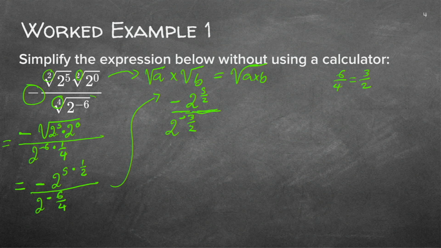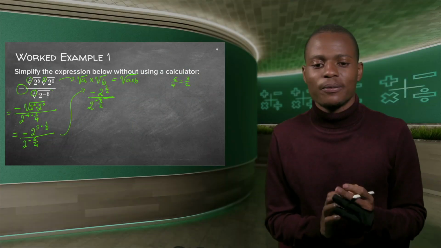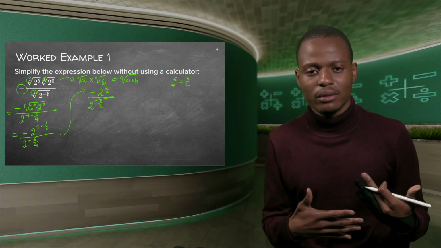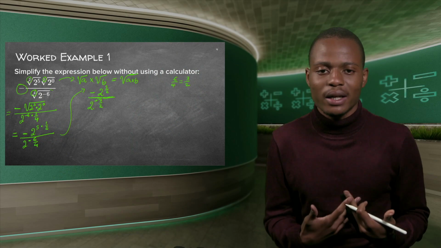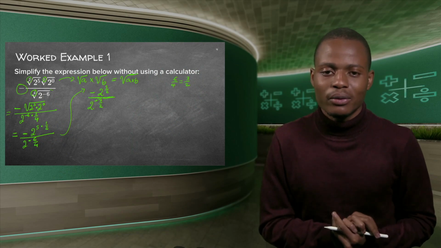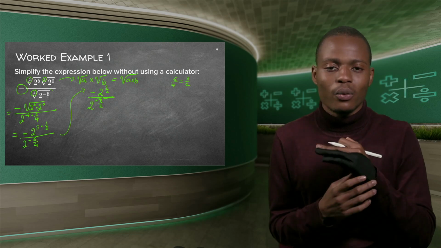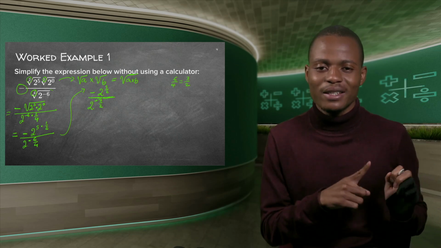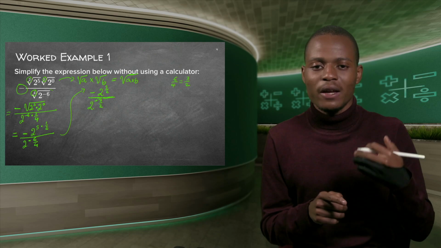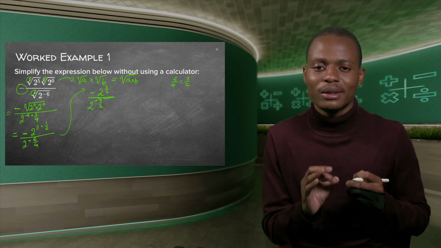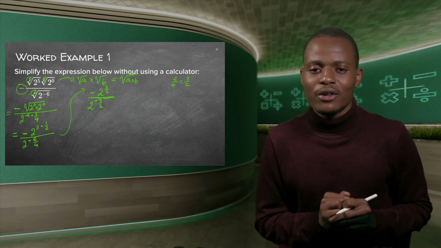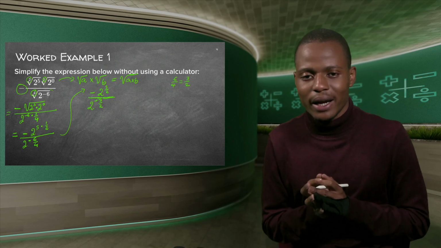Now, what you note from both sides, guys, is that you have the same base. If you have the same base on both sides, the rules are simple. Same base, while you're dividing, go back to our very first lesson. The rule is there: if you are dividing, you can subtract the exponents. So you simply take one base and subtract the exponents.